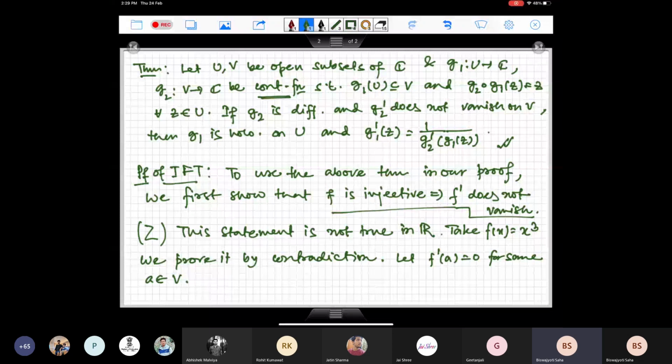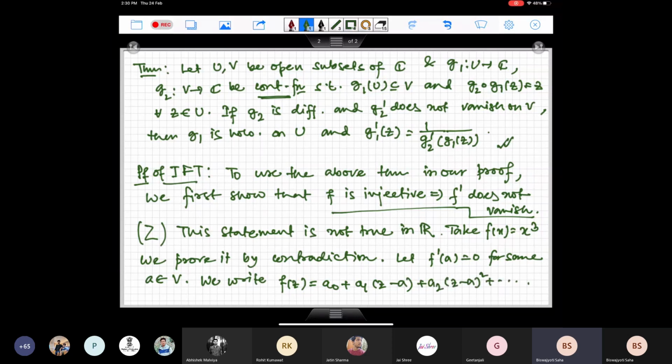Fine, all right. Now, of course, my function is given to be holomorphic. So what I do is that I write down the power series expansion. Okay, so we write f of z is equal to, let's say, a naught plus a1 into z minus a plus a2 into z minus a squared and so on and so forth.